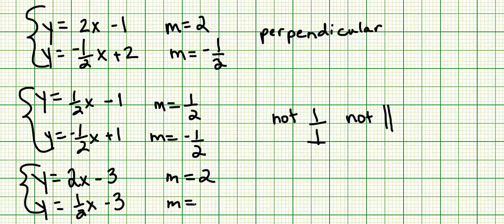The second one has a slope of 1/2. Those two, the fractions are reciprocals. They're flipped around. But the fractions are not opposite. They must meet both requirements to be perpendicular. So they're not perpendicular. Slopes aren't the same, so they can't be parallel. Does it matter that the y-intercepts are the same? No, that doesn't indicate necessarily anything. It just means that they're going to cross at the same place on the y-axis.